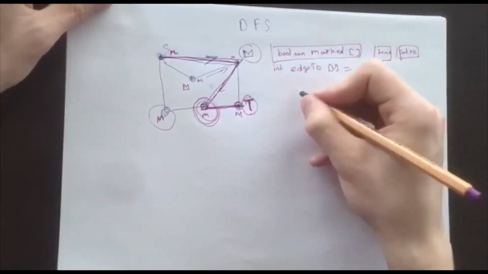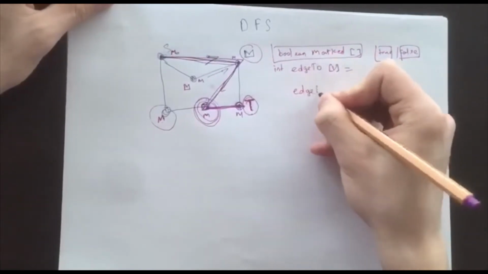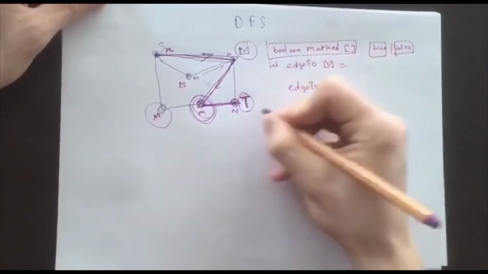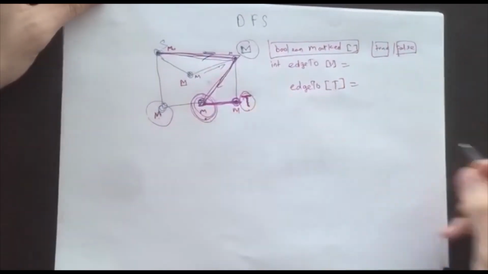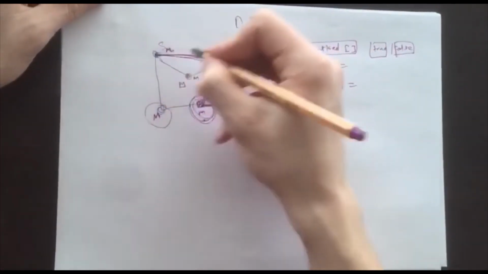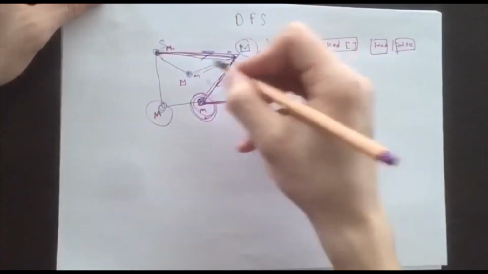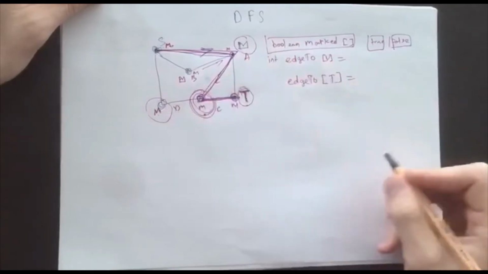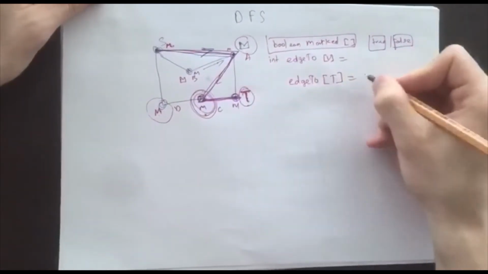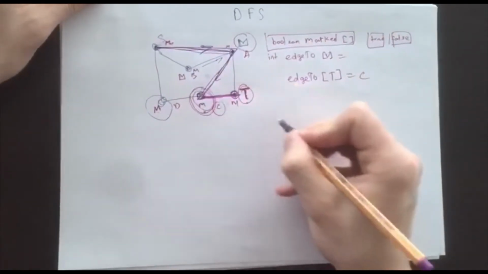And how are we going to consider it? EdgeTo at target is going to be this vertex. Let's give some names: A, B, C, D, and the edgeTo of target is going to be C, this vertex.